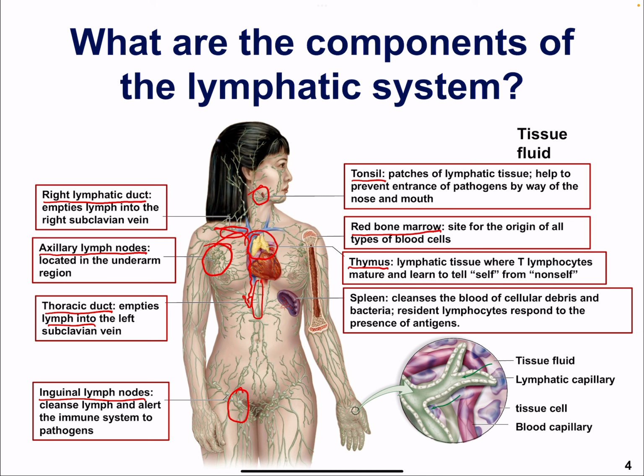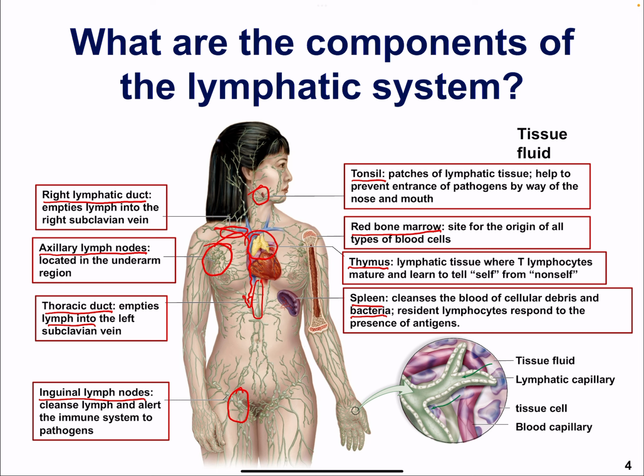They learn to tell apart what is ours and what is not ours. And finally, the spleen. The spleen is very important at cleaning the blood, to get rid of debris, including dead bacteria.